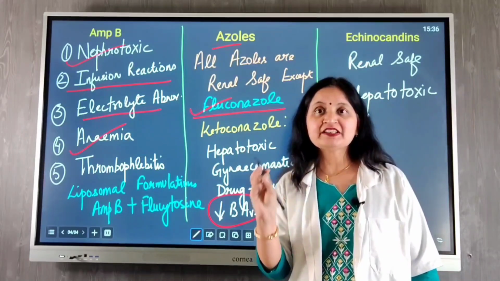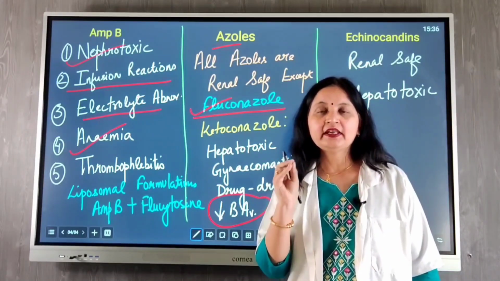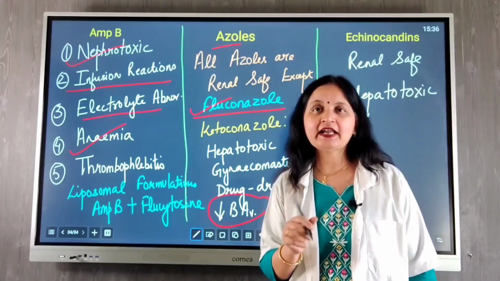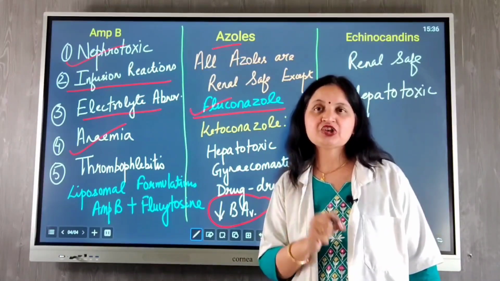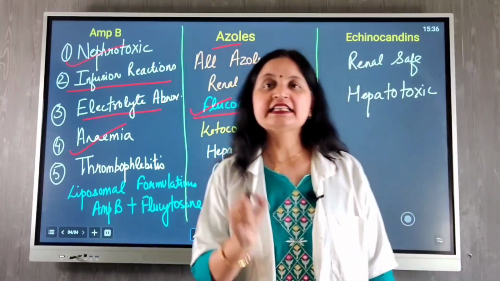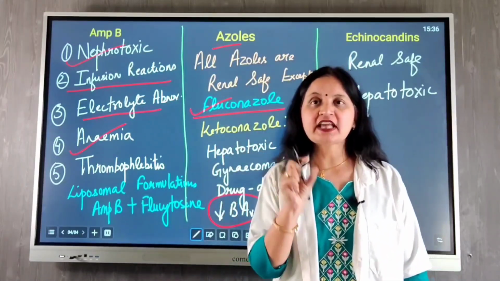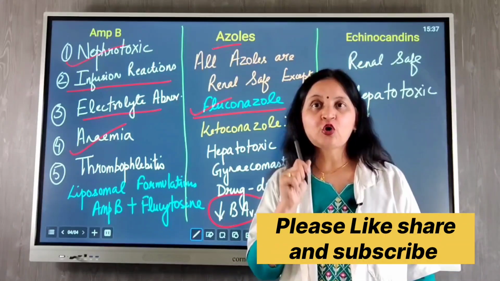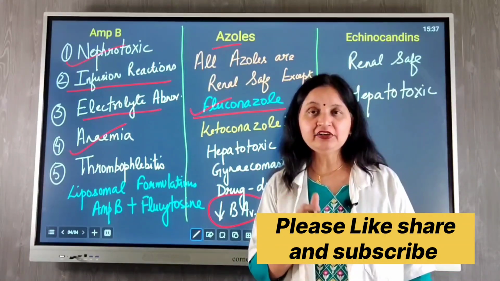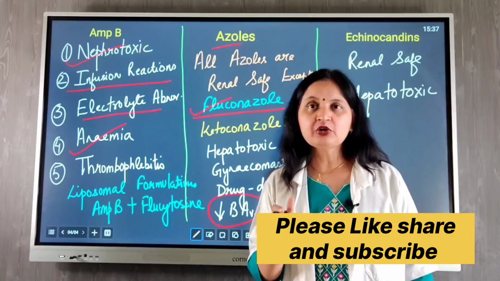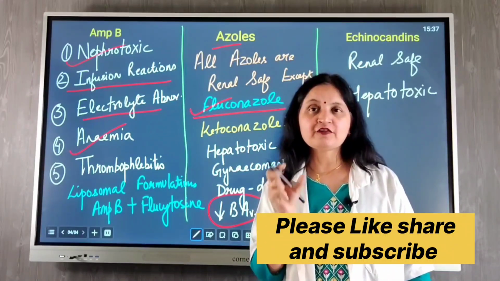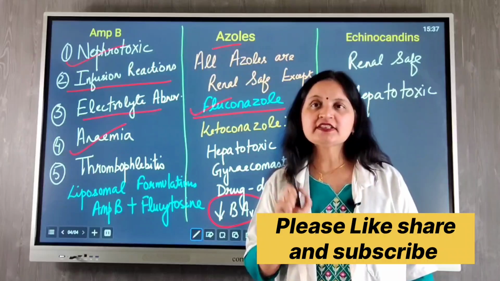So, dose adjustment is generally not needed when itraconazole is given intravenously, but do remember that the intravenous formulations of itraconazole contain cyclodextrin. So, cyclodextrin is nephrotoxic.